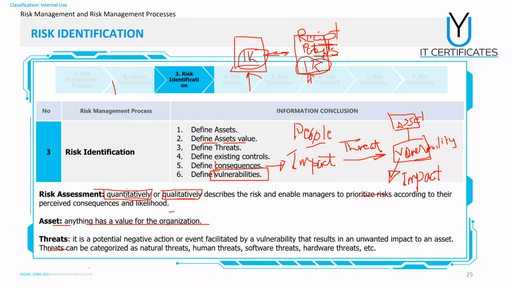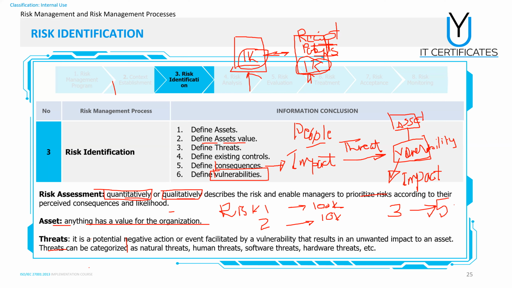Quantity will make the risk assessment based on numbers. This means that if I have risk one, I will lose $100,000 US. Risk two, I will lose $10 US. Risk three, I will lose 50, and so on.